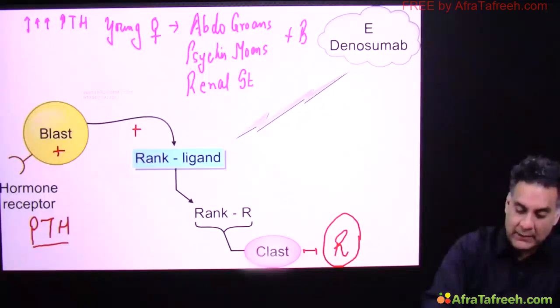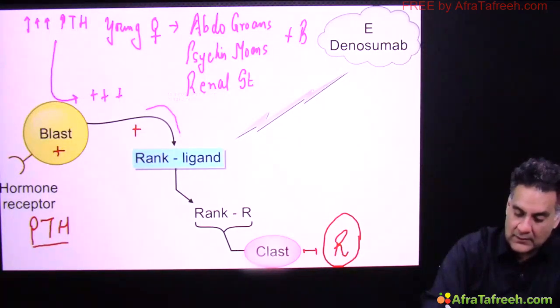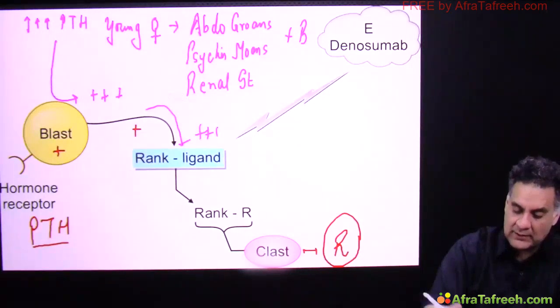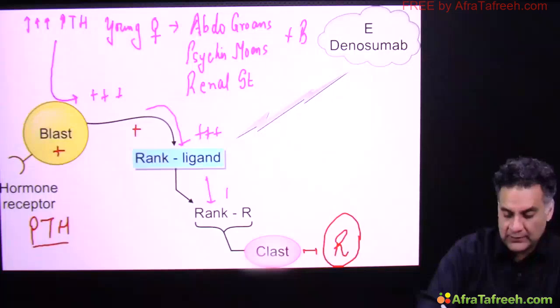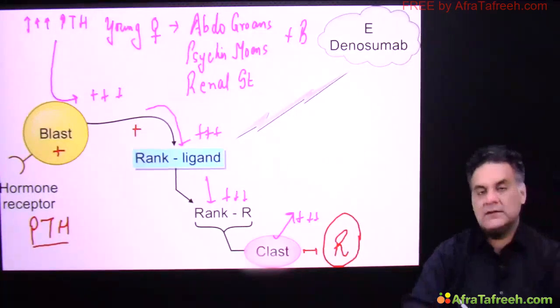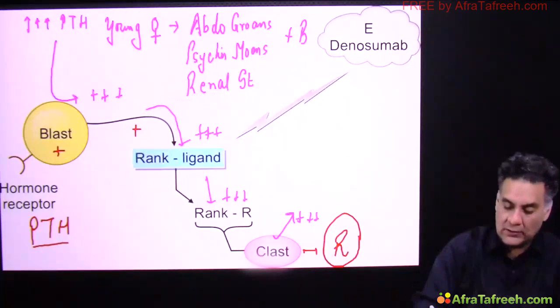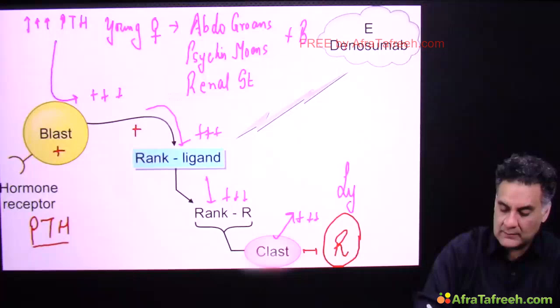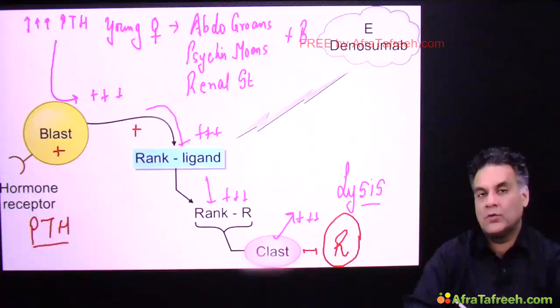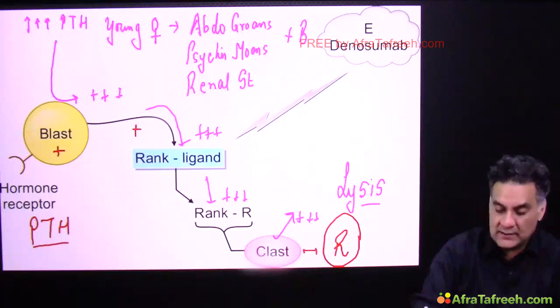High PTH stimulates a lot of osteoblasts, which in turn stimulate a lot of rank ligand, which stimulates the rank receptor and then the osteoclast. These osteoclasts will cause more lysis. So the bones will become hollow. This is called cystica, meaning cyst in the bone.